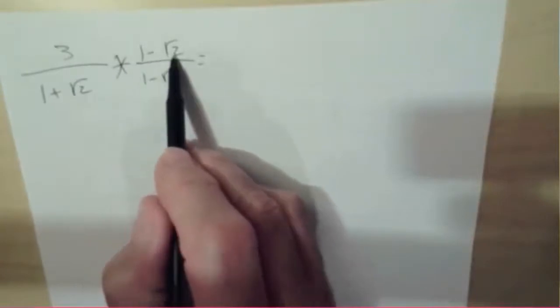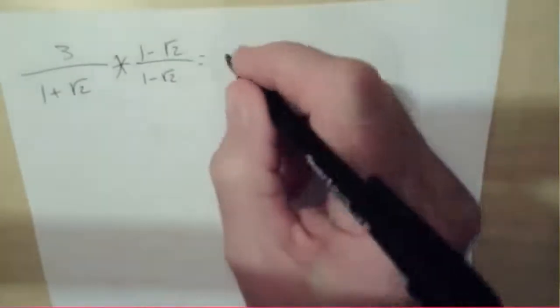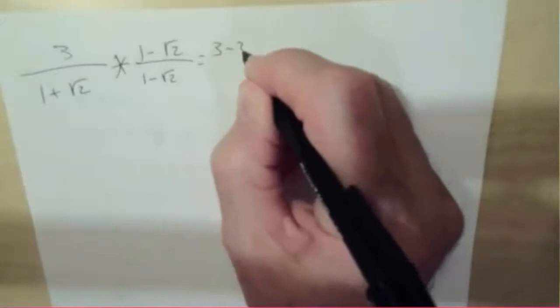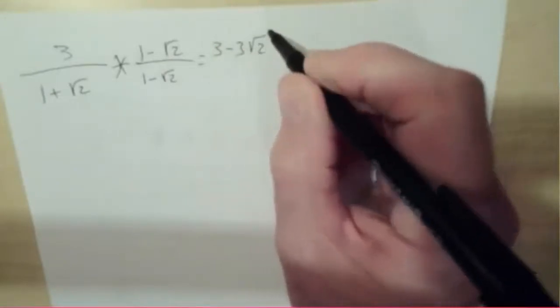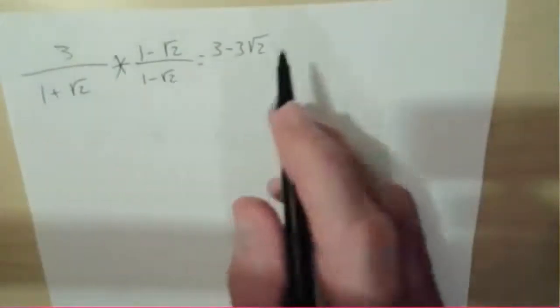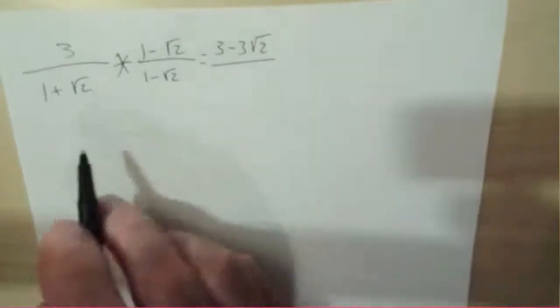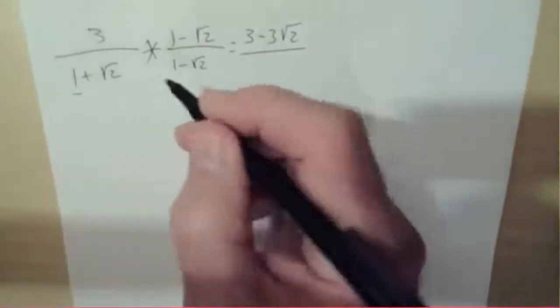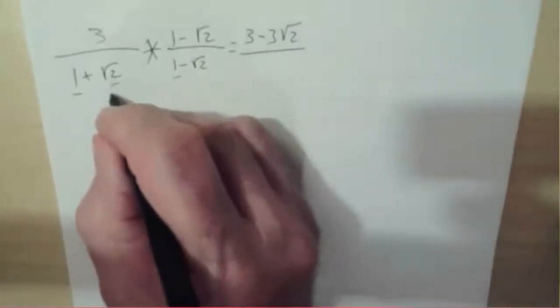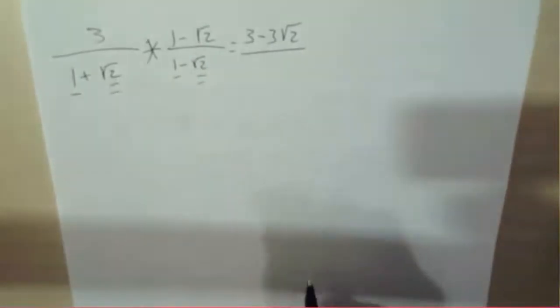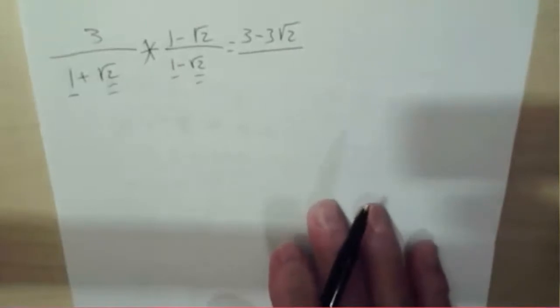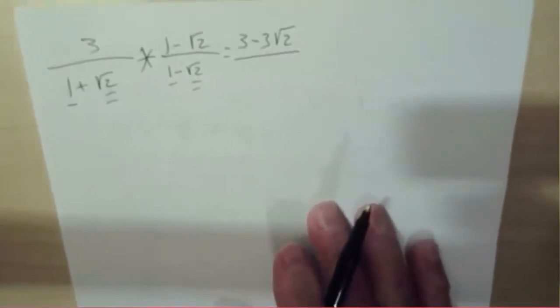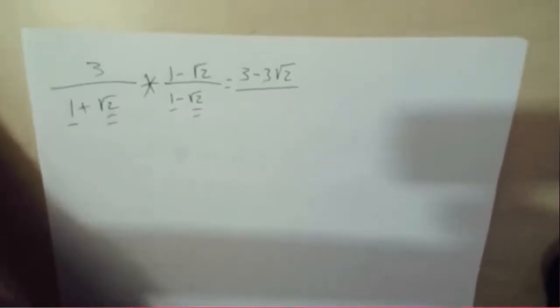Okay, so now we multiply the 3 times everything over here. Remember, this is the distributive property. So it's going to be 3 minus 3 square root 2, right? Everybody see that? Over. Now again, we have the conjugate here, so really all we have to do is multiply the first numbers and the last numbers, and that's all, because we know that multiplying by the conjugate, the linear term gets eliminated.